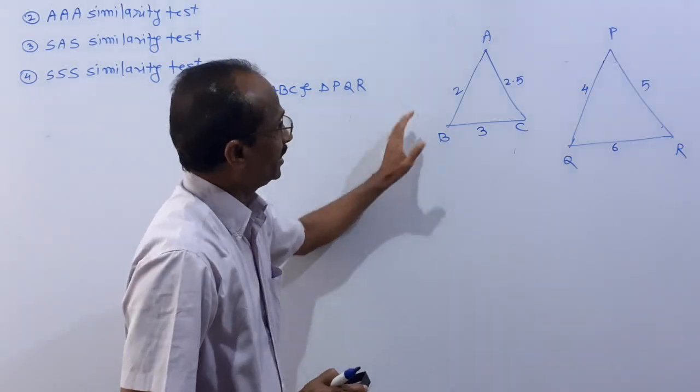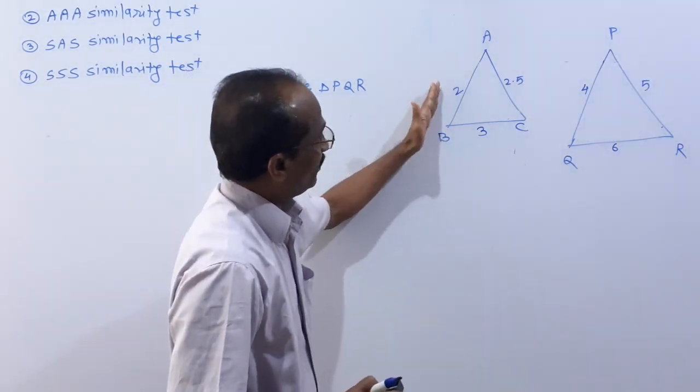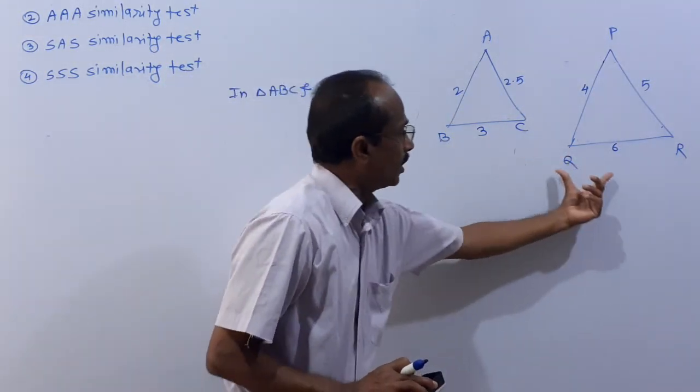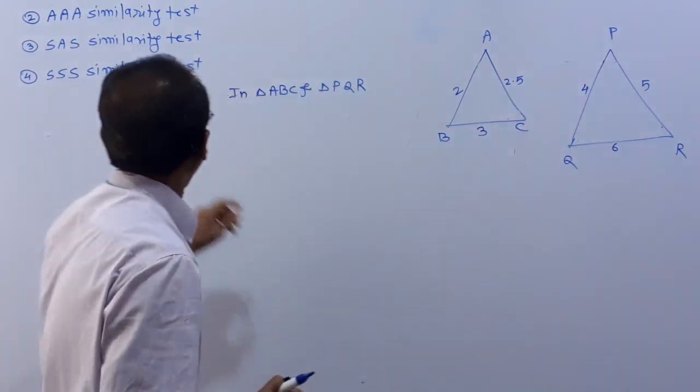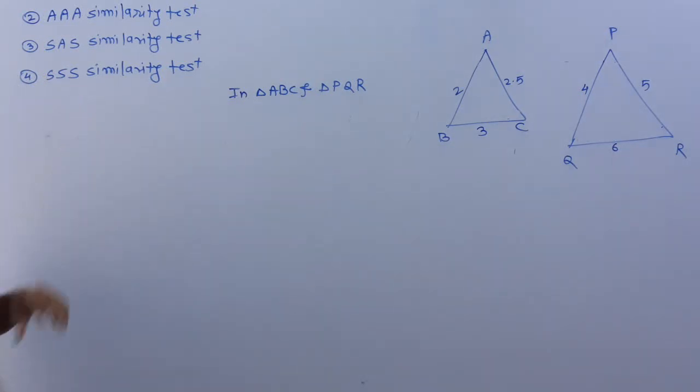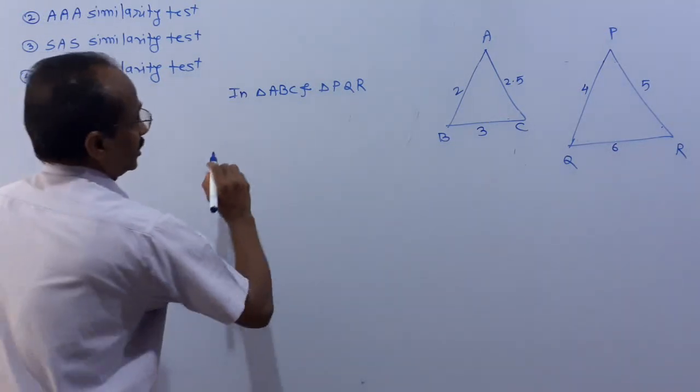Means if we get the result AB by PQ equals BC by QR equals AC by PR, then these two triangles are similar by the SSS similarity test. Let us check the ratios now.